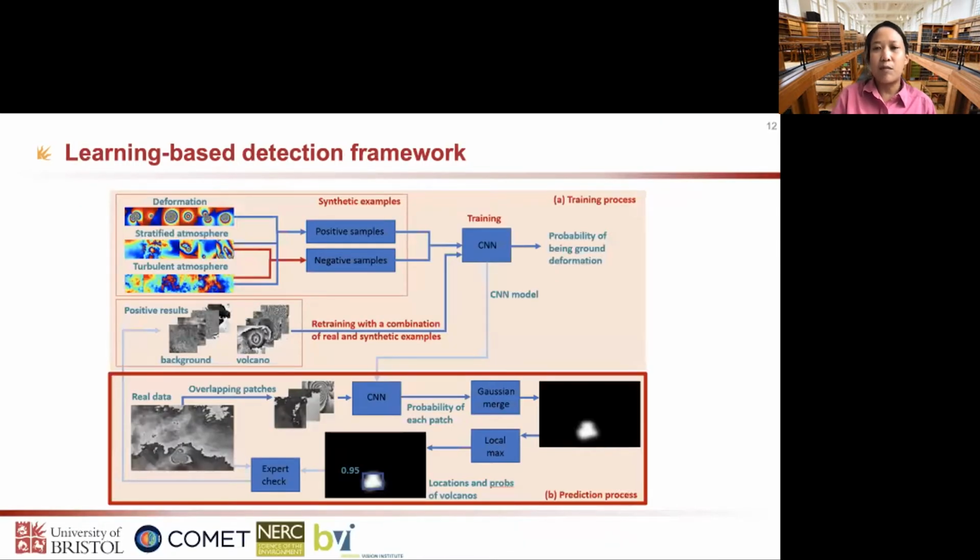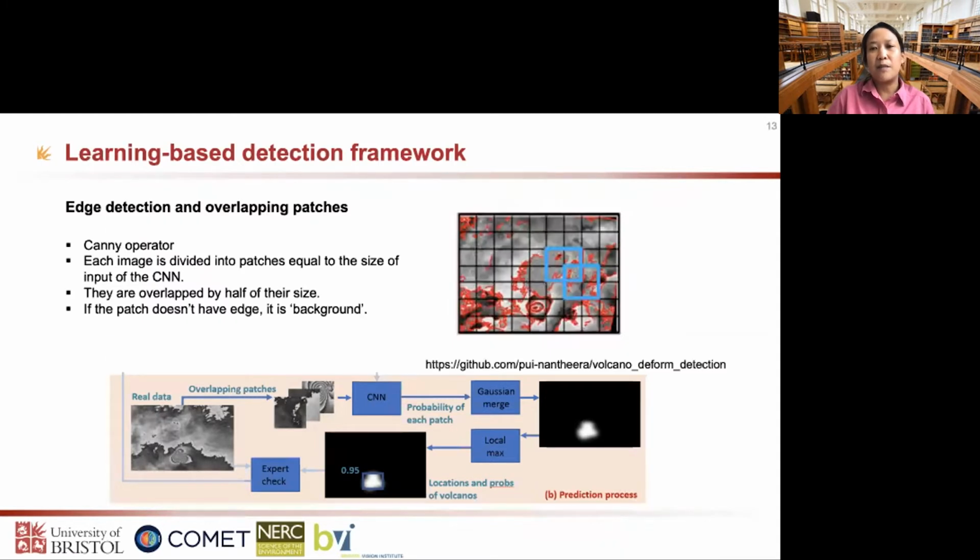After we obtain the model, we use it in the prediction process, which is the bottom half of this diagram. In the prediction process, the wrapped interferogram or InSAR image is divided into overlapping patches. Each patch is the same size as the input AlexNet requires.